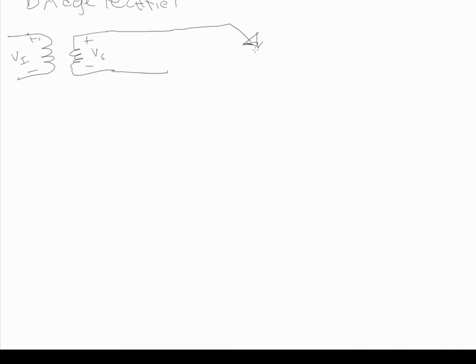We have a diode here, and a diode here, and then this is going to go up to another diode, and then we have another diode here.